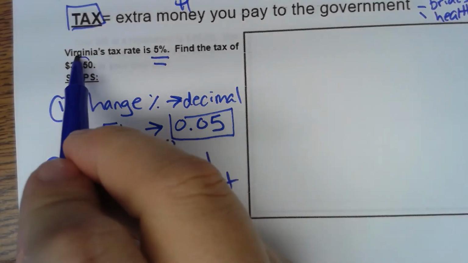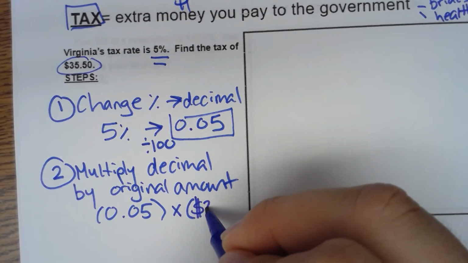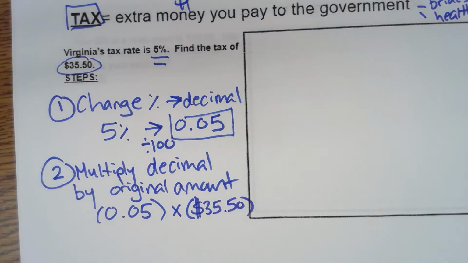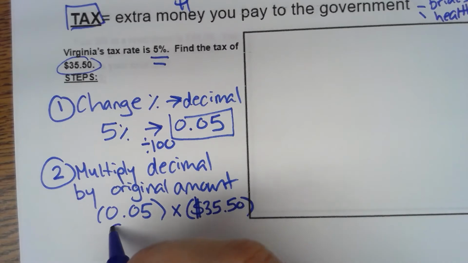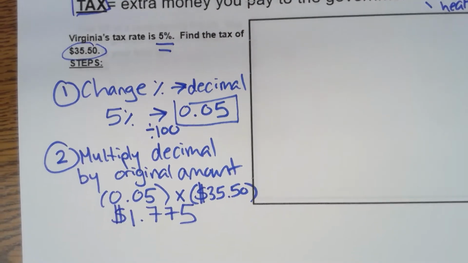The original amount was $35.50. So I'm going to write here 35.50. When I do that, 0.05 times 35.5, I get 1.775. Okay?